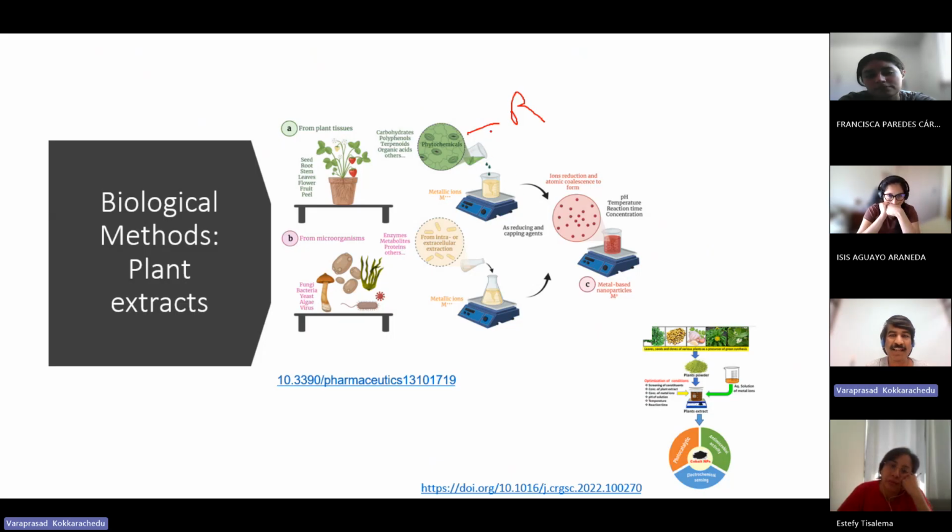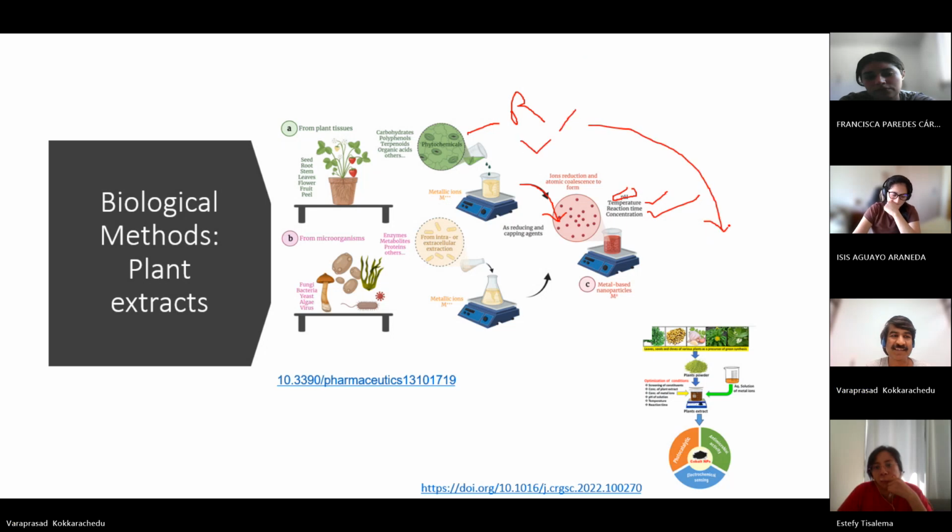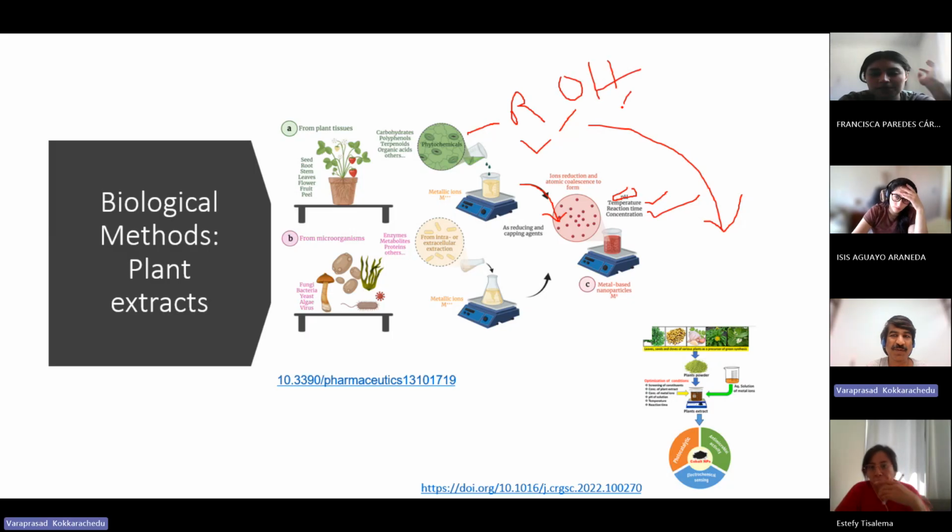In this process we have to optimize pH, temperature, and also reaction time. If you have strong functional groups like OH or COH, the reaction will come very, very fast.